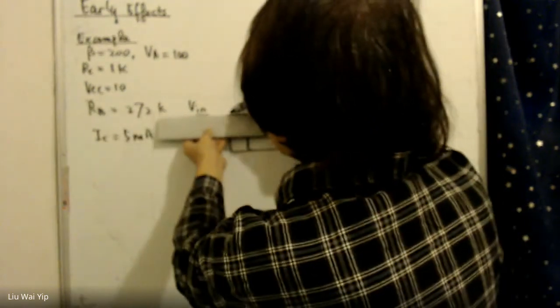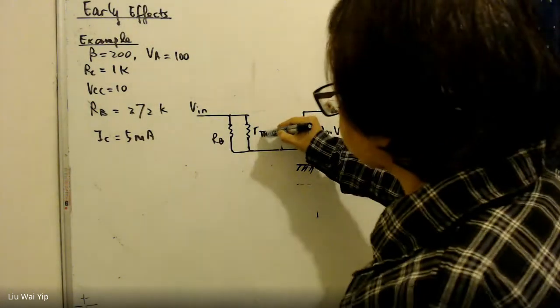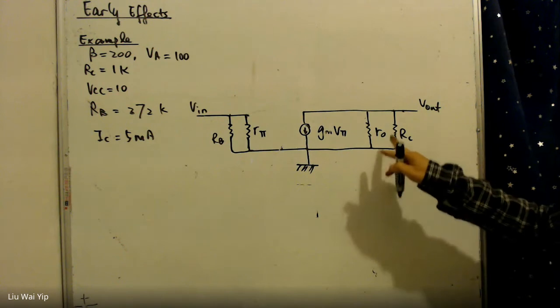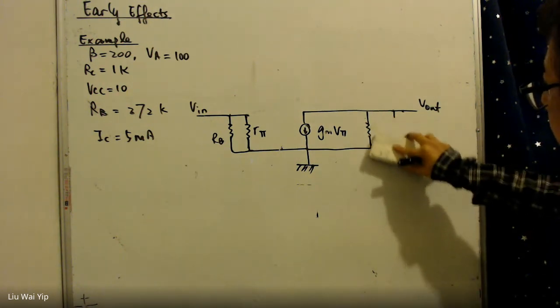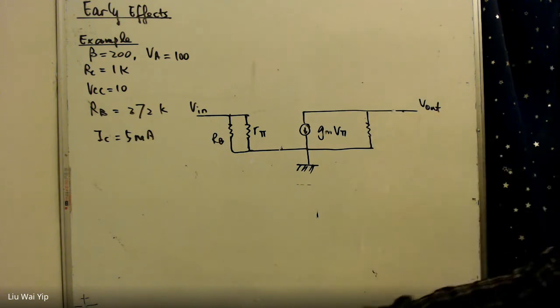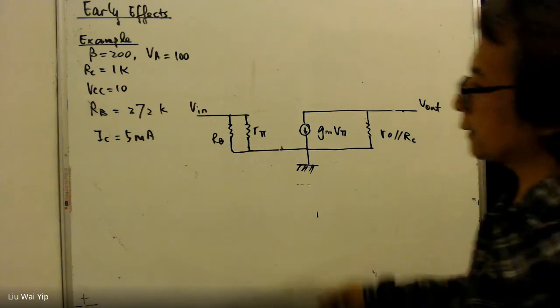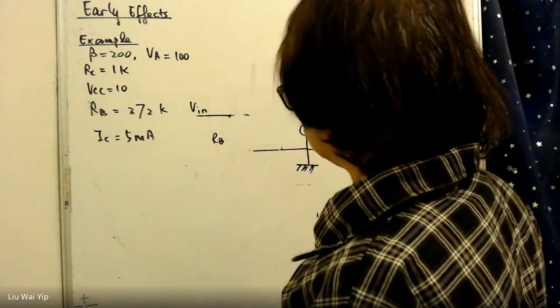So now we should know almost everything. First, this parallel combination can be simplified as R naught, and this parallel combination can be simplified.